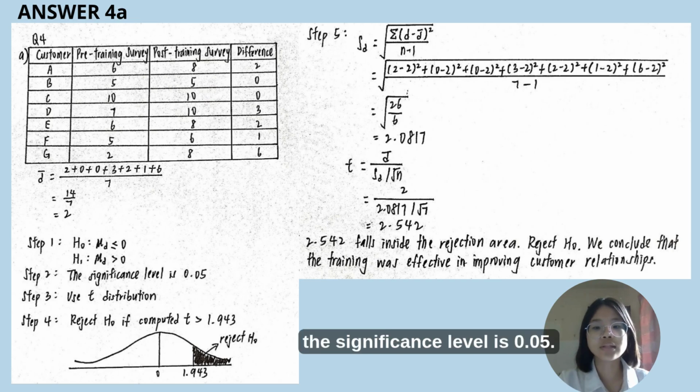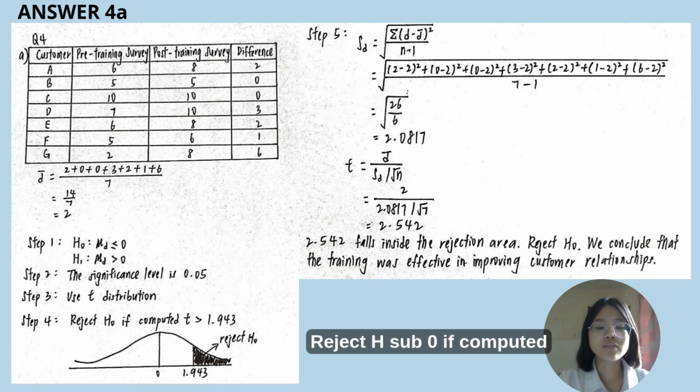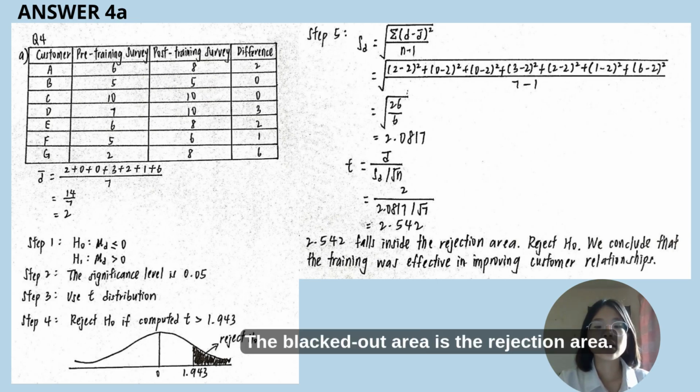The alternate hypothesis is mu sub D greater than 0. For step 2, the significance level is 0.05. Step 3, use the t distribution. Step 4, reject H sub 0 if computed t greater than 1.943. The shaded area is the rejection area.